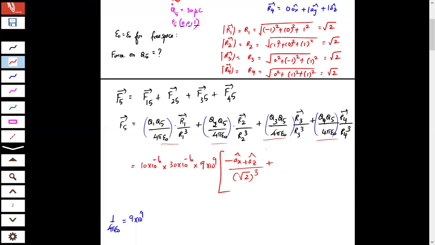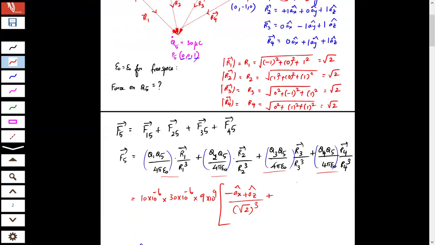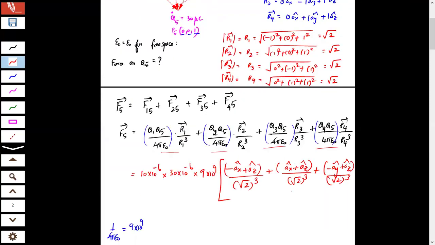R2 vector is 1AX plus 1AZ, so I can simply write AX plus AZ divided by root 2 cube. The third term, R3 vector, is minus AY cap plus AZ cap divided by again root 2 the whole cube. Last, R4 vector is AY cap plus AZ cap divided by root 2 the whole cube.